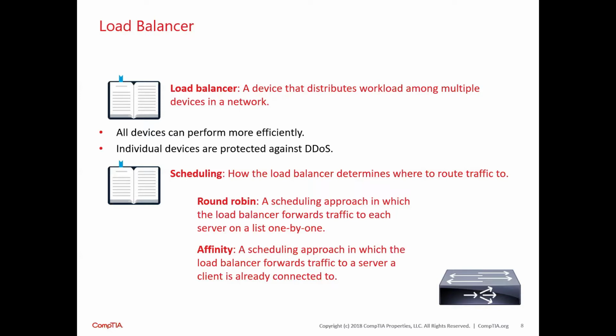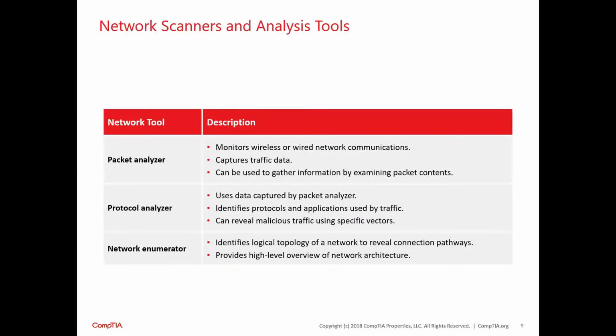You can have round robin, a scheduling approach in which the load balancer forwards traffic to each server on a list one by one, or affinity, a scheduling approach in which the load balancer forwards traffic to a server a client is already connected to. So that's how a load balancer works. It distributes workload among multiple devices. For example, when you have 3 or more web servers, you can have the load balancer distribute the workload among your web servers.